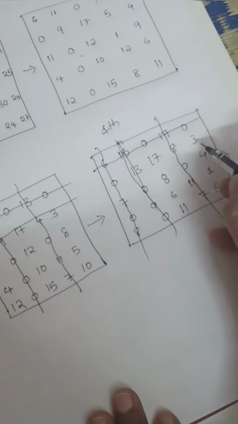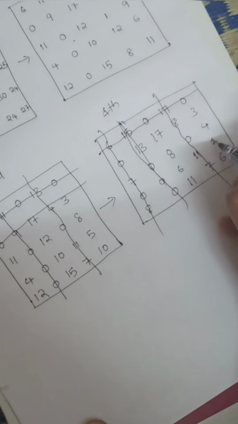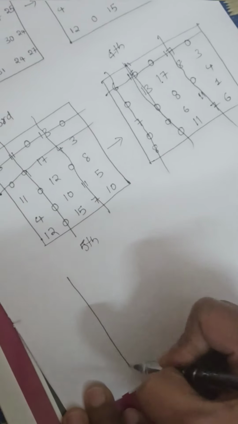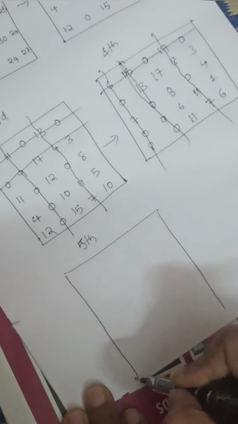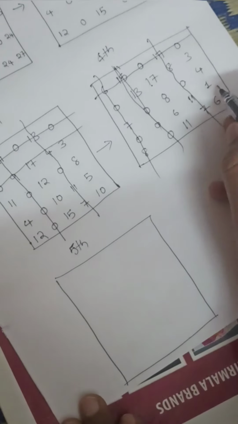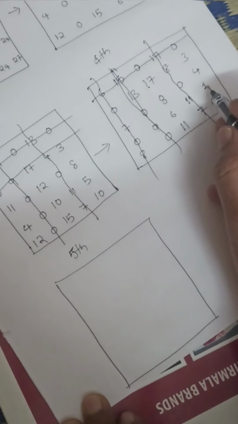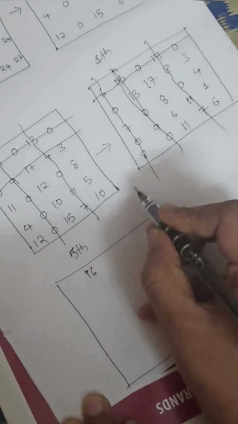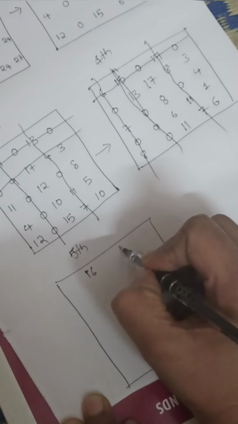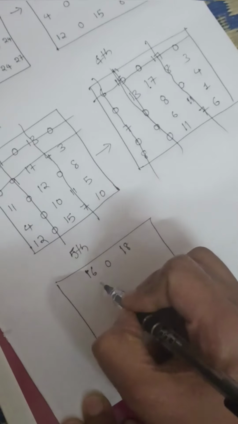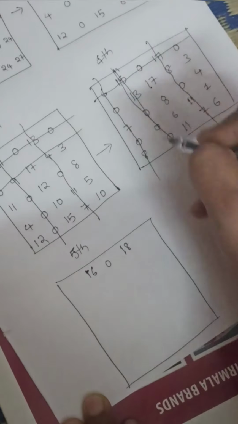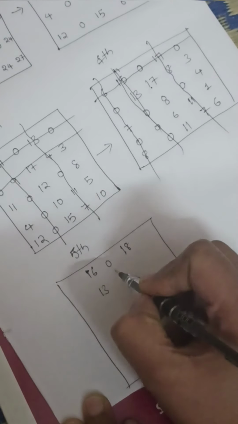Select the minimum element from these values, that is 1. Okay, now form a fifth table. 1 is added at the intersection point, 16, and 17 plus 1, that is 18, 0 as it is. 13 plus 1 is 13, which is as it is.